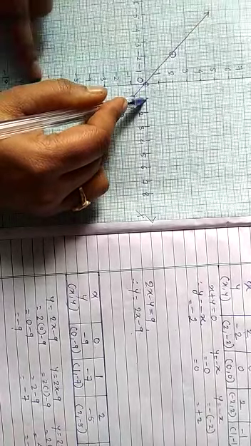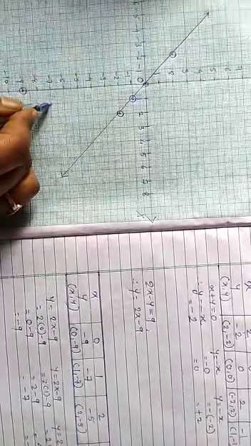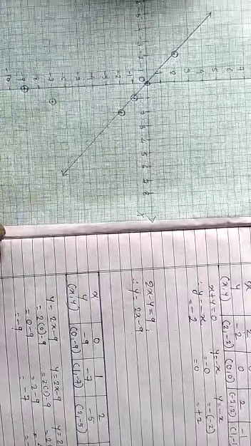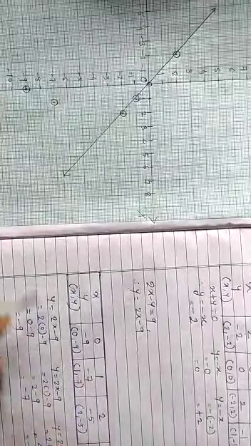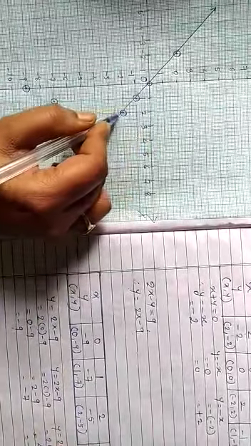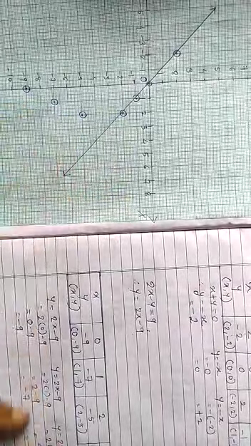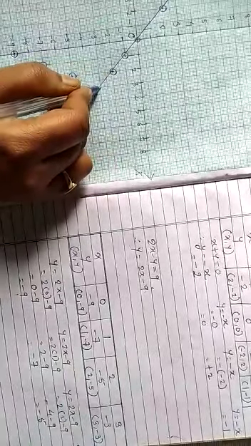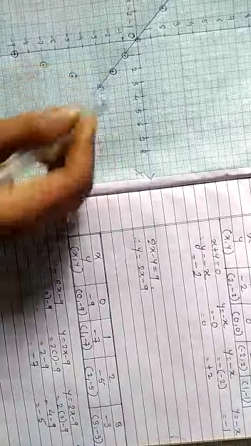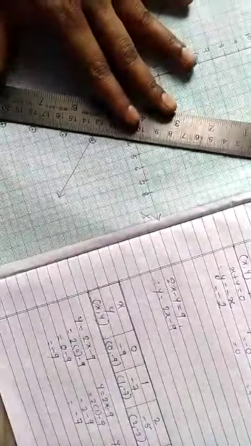That means minus sign this side. So it will come here. Okay. Next 2 and minus 5. Plus 2 and minus 5. And next 3 and minus 3. So we have to pass the line through these points.